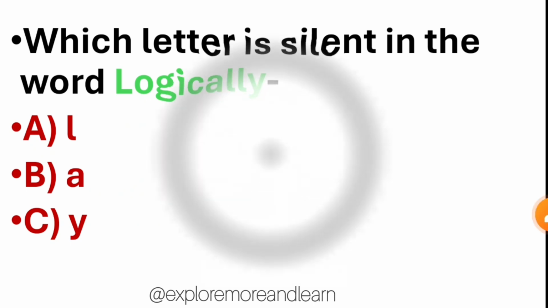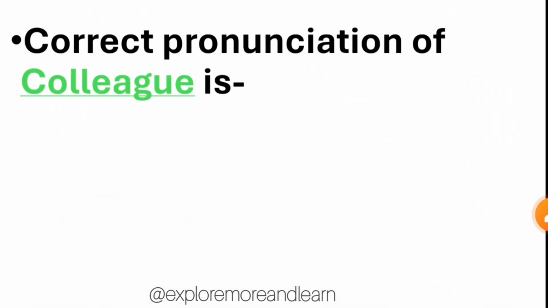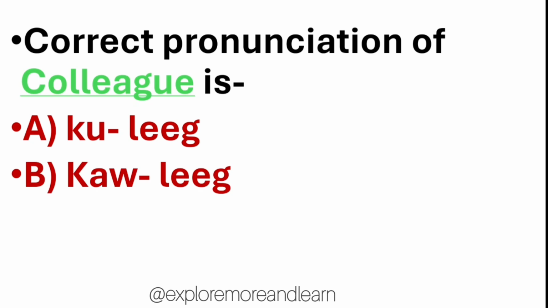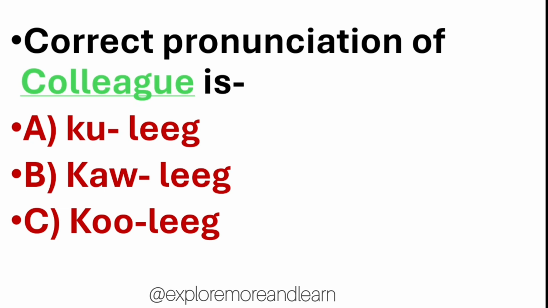Now the next question. Correct pronunciation of this word is, you have to think about it, whether this is colleague or colleague. How do you pronounce it? What is the correct pronunciation?